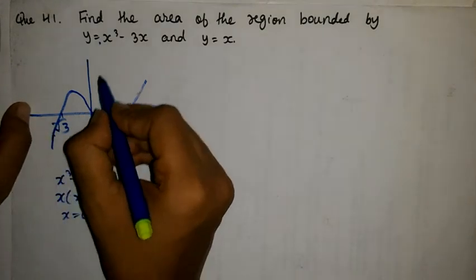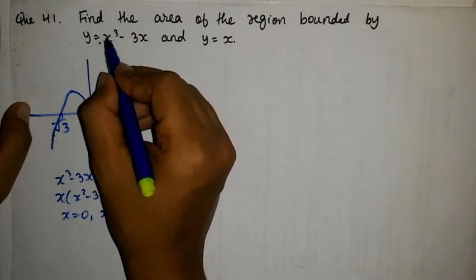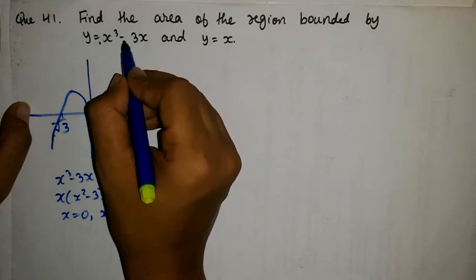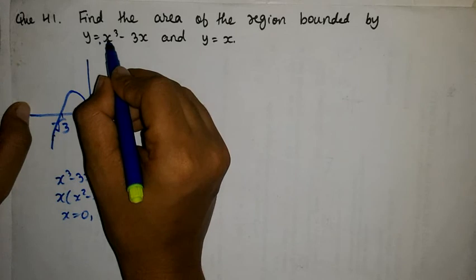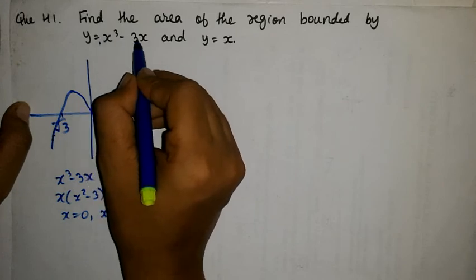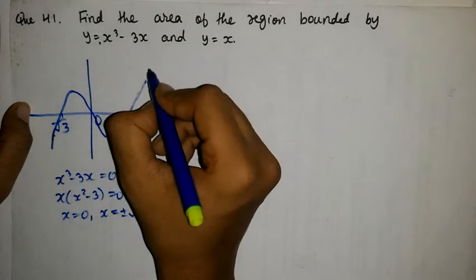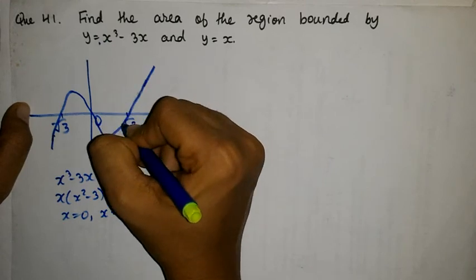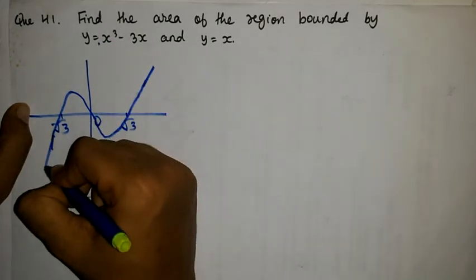Put x is equal to minus 1, so it will be negative, and for x is equal to 1, 1 plus 3, so it will be 4. This way you can check how the curve will face.